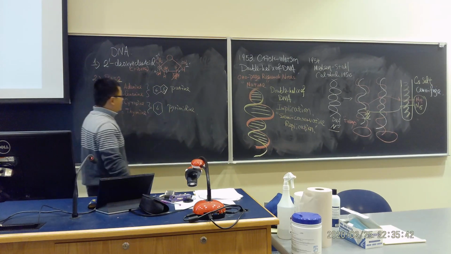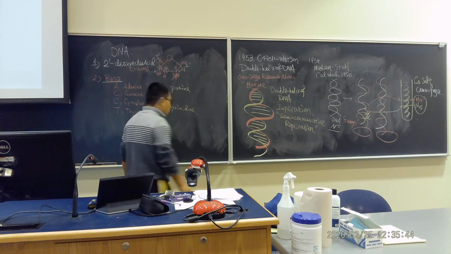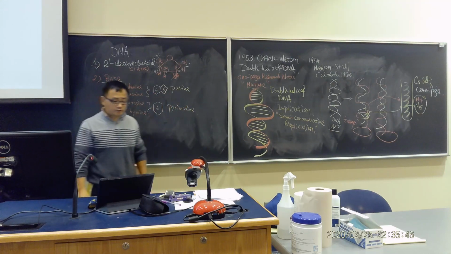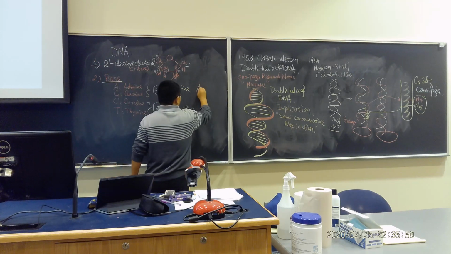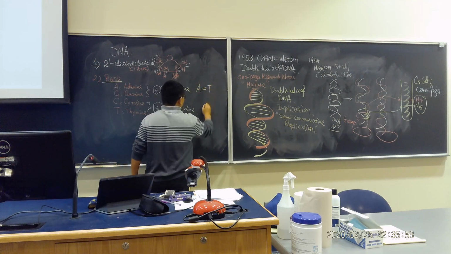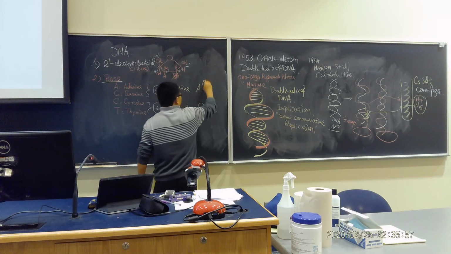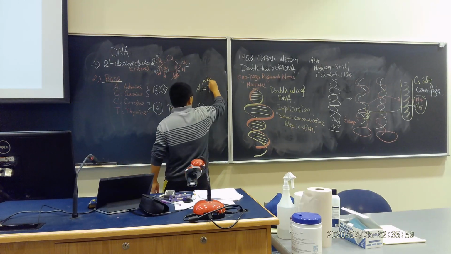Now you always remember how they combine together. What is the base pairing rule? A pairs with T, G pairs with C, and what's the name of this center bond? Hydrogen bonds.